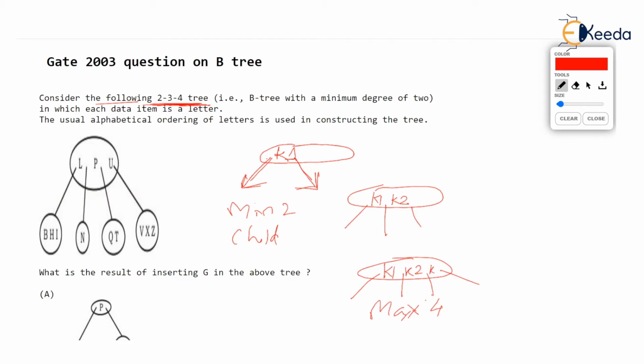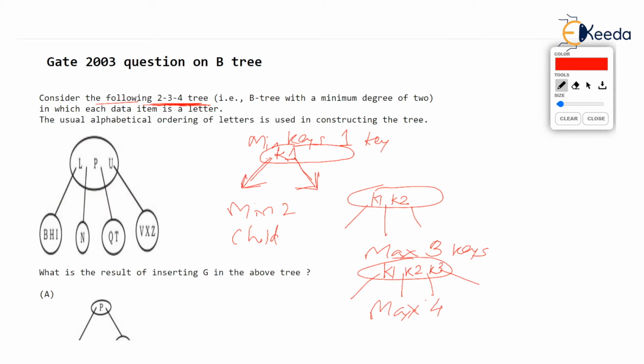So the minimum keys that you should store is 1 key, isn't it? And the maximum you can store is 3 keys, so maximum 4 pointers. You know that tally, isn't it? N keys, so n plus 1 pointers. So that is a 2, 3, 4 tree.